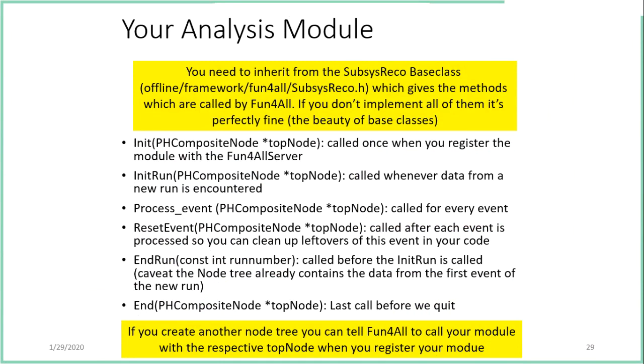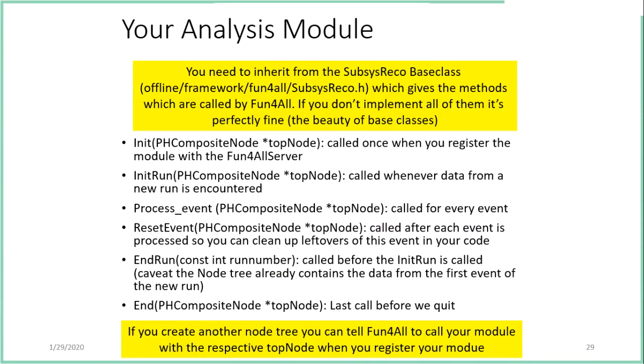We have an init run method. This is more important for when you take real data, where typically data is taken in runs. And since run normally means you have new calibrations, you basically want to be called for the beginning of a run. So whenever data from a new run is encountered, this thing is called. Process event, that's called for every event.